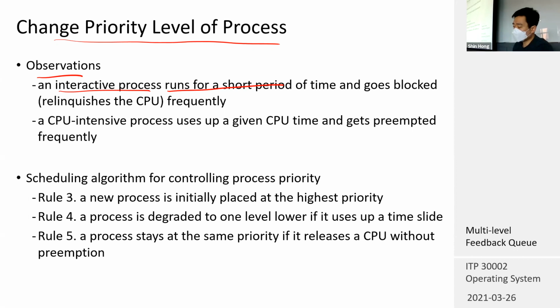Obviously, in order to do so, it relinquishes, which means it releases the CPU frequently. By observing this behavior, we can identify this type of process as an interactive one. It can be characterized by a short CPU burst time and frequent I/O operations.